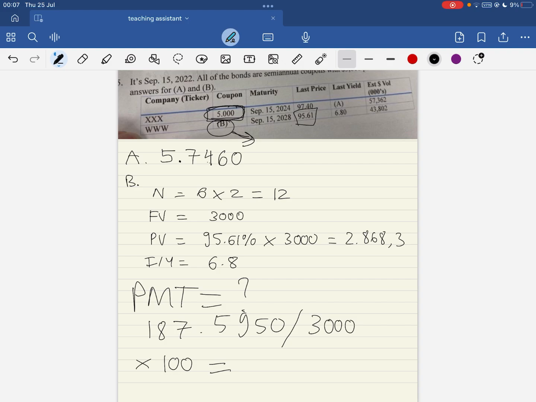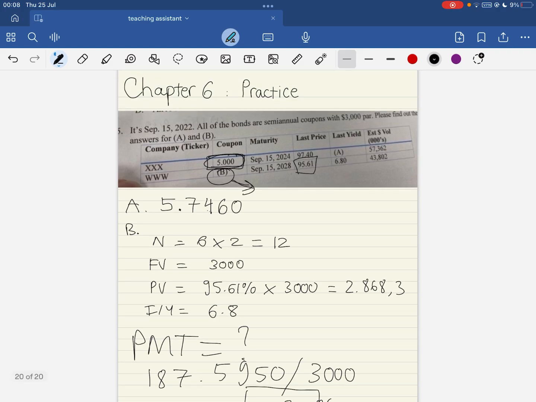And the answer will be equal to 6.25%. And 6.25 will be what we put into part B answer.